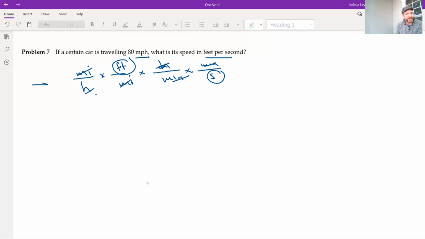So this is a game plan here, right? I'm gonna start with my 80 miles per 1 hour. And now I wanna get rid of my miles, turn them into feet. So 5,280 feet in 1 mile.